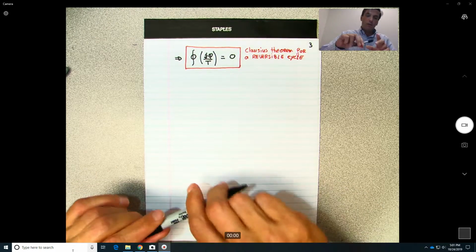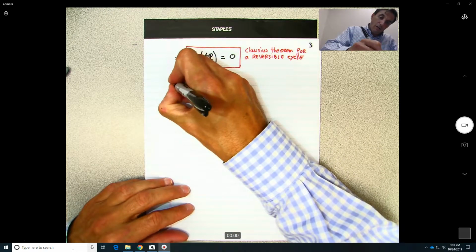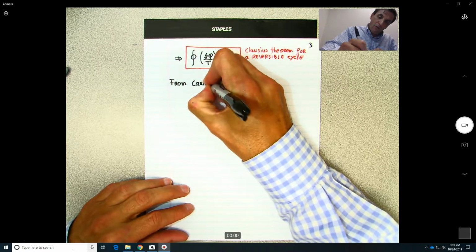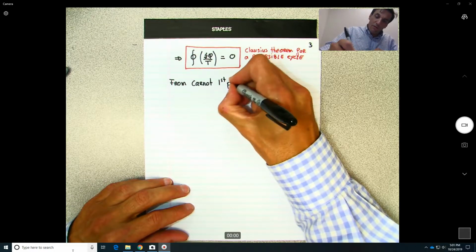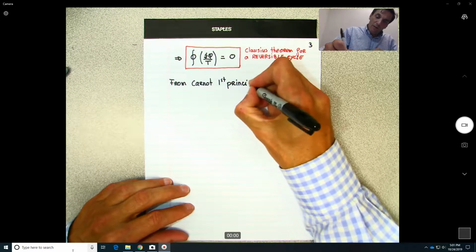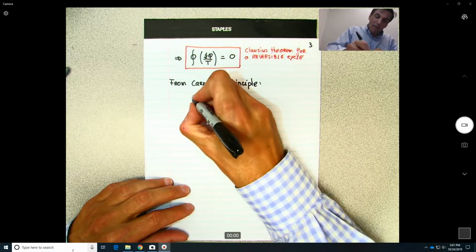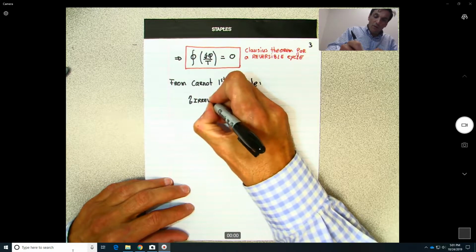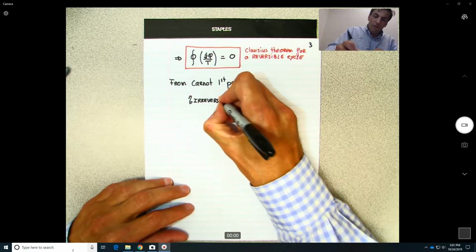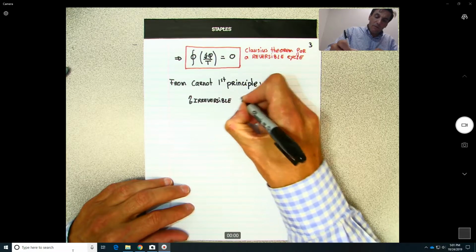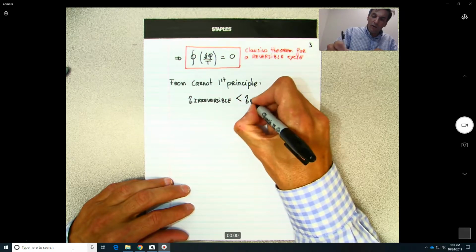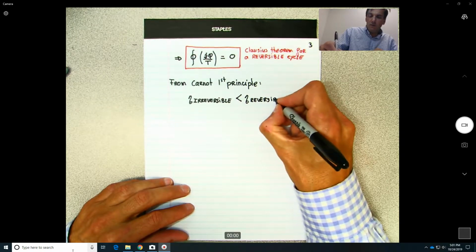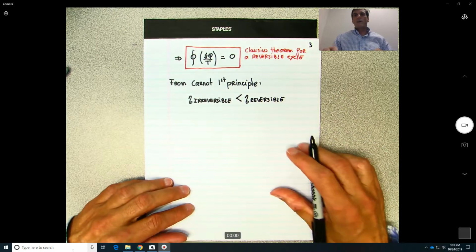So if you remember from Carnot's first principle, the efficiency of an irreversible cycle is always lower than the efficiency of a reversible cycle.